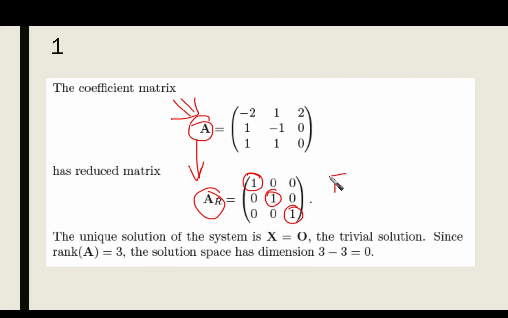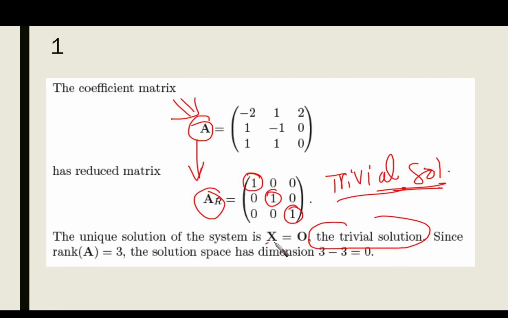We have the trivial solution. It will not work for us. So there is the trivial solution, which is x equal to 0 at the end. Then this system does not work for us. It has the trivial solution. Okay, so now we understand it from the reduced matrix.